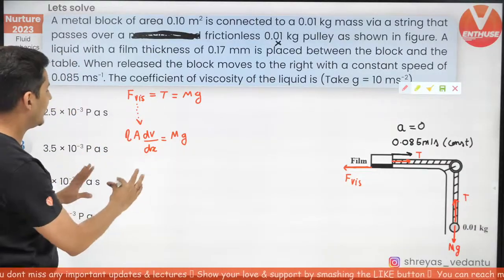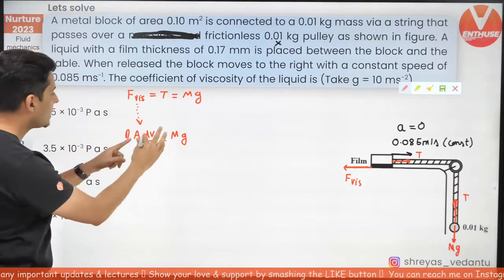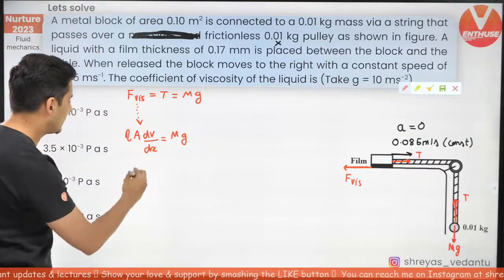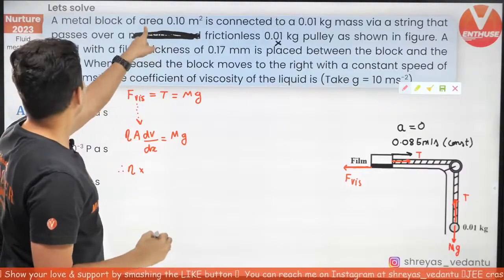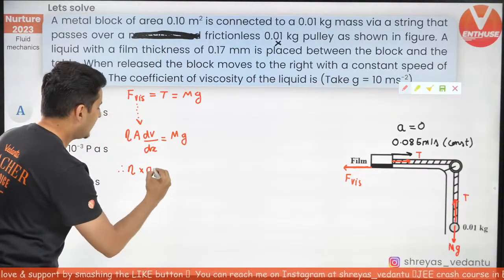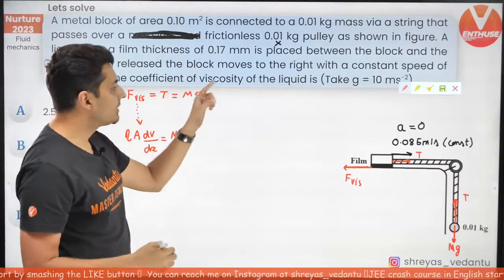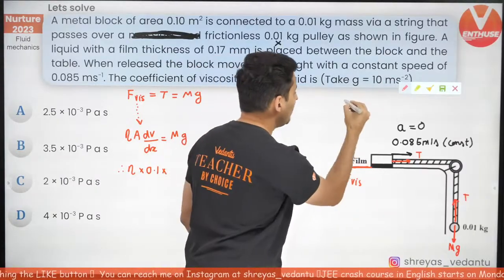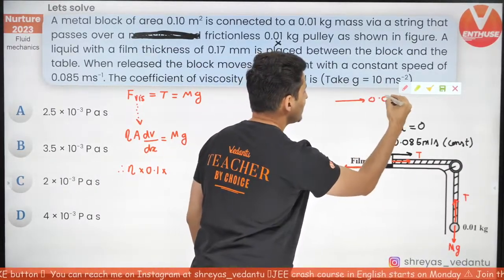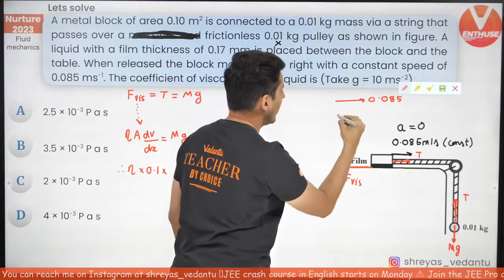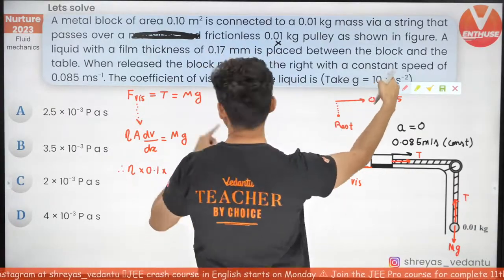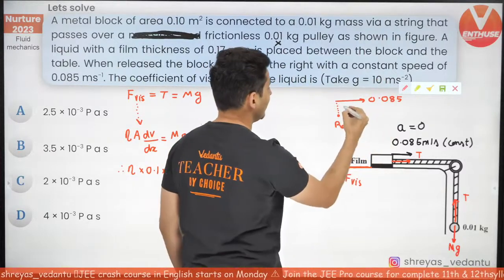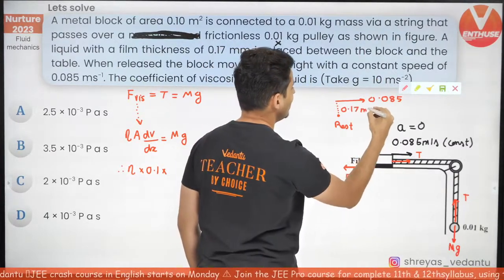Eta is what we need to find. Area I do not know. dV and dx also I need to put in. Let's see. Eta, I don't know. Area is 0.1, so I'm just going to put 0.1 over here. dV, remember the topmost layer will move with 0.085, the bottommost layer will be at rest, and the distance between them will be 0.17 millimeter.